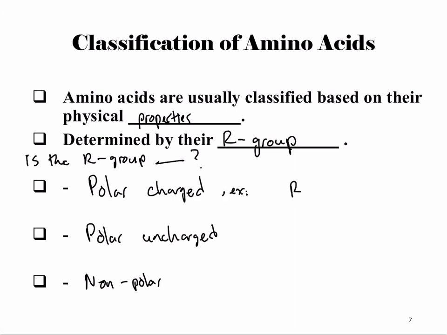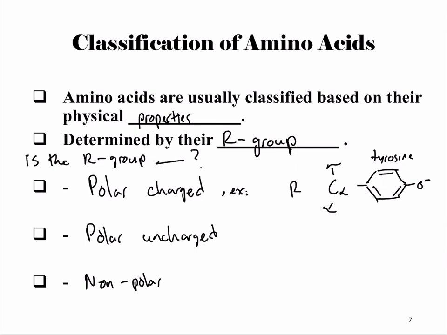The R group can be, if we have the alpha carbon here, O minus, that would be a polar R group. This would be an example for tyrosine. This is what the R group looks like for that. This goes off in other directions.